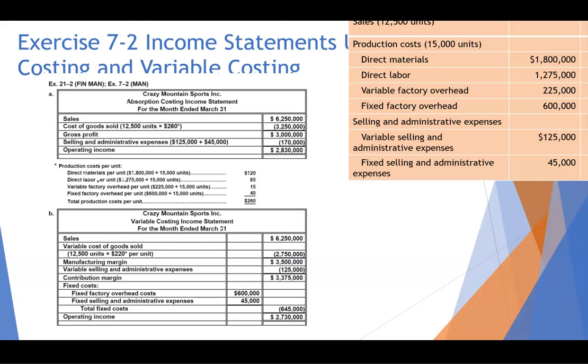So we've got our sales less our variable cost of goods sold gives us our manufacturing margin. Then we take our variable selling and admin to come up with our contribution margin that gets applied towards our fixed expenses. We show our fixed factory overhead, our fixed selling, to come up with operating income here, in this case of $2,730,000.